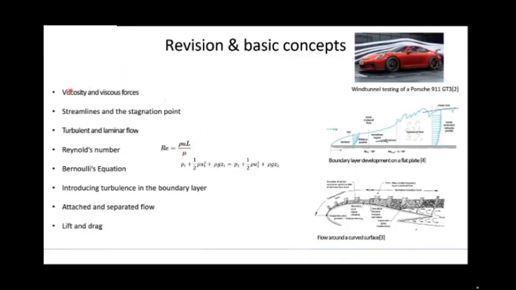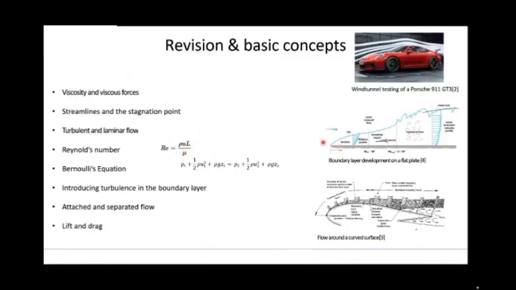So this idea of understanding how viscous our fluid is is represented by this term here, the viscosity. That's actually the dynamic viscosity of the fluid. So density, velocity, length, viscosity.